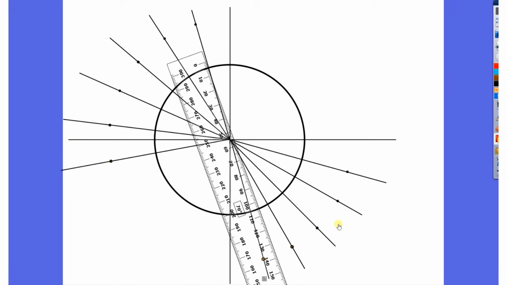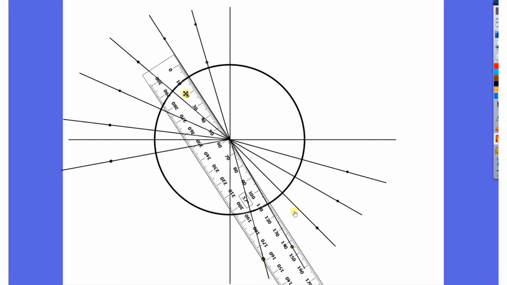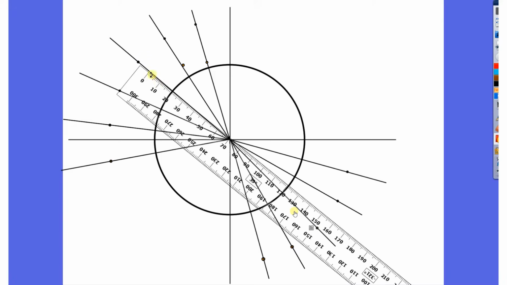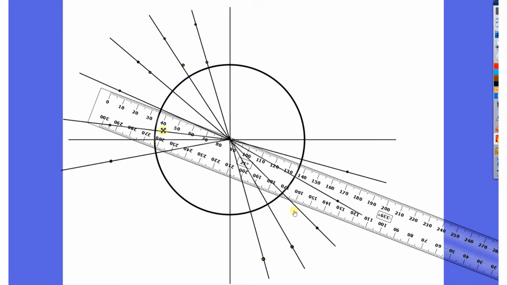Now you can mark the distance of 0.3 over here like this. These are all approximate distances. Then this is 0.8 distance which we have marked on the same ray. Then you can have the distance of 2 centimeter which we are having on this line and so on.